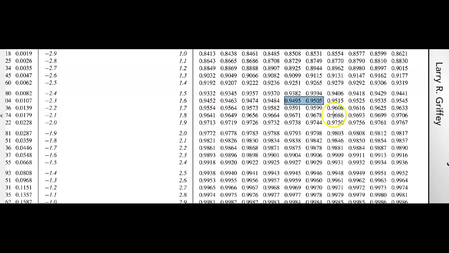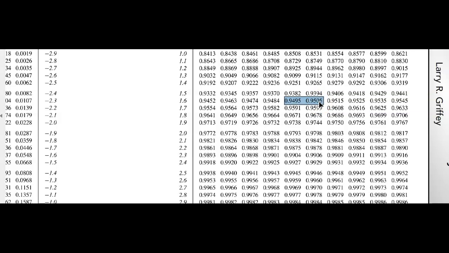But let's do it again. Since 0.9500 is exactly in the middle of these two numbers, it's not closer to any of them, right? The z-score for 0.9500 will be in the middle of the z-scores for these two numbers. So the z-score for 0.9495 is 1.64. Let's do the calculation again. 1.64 plus the z-score for 0.9505, which is 1.65.